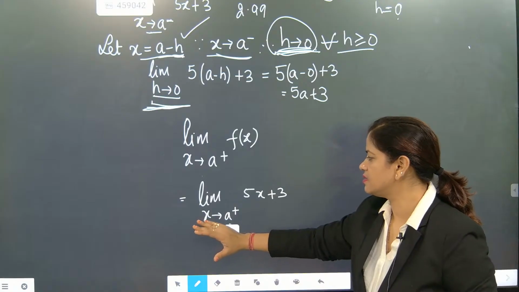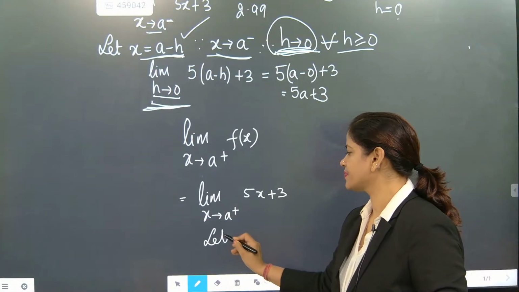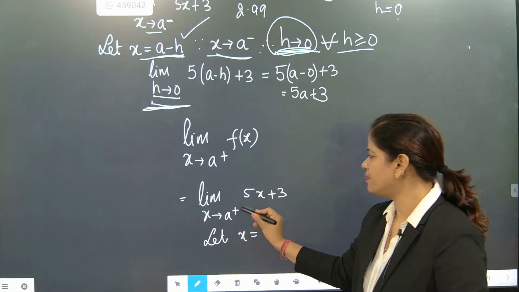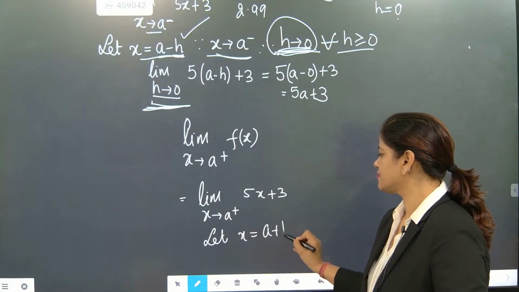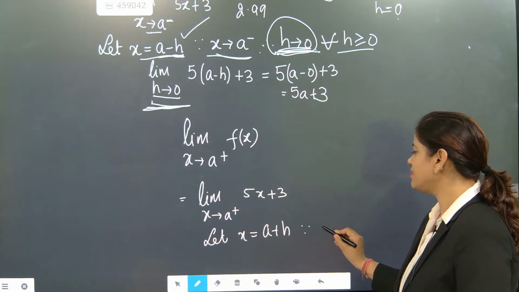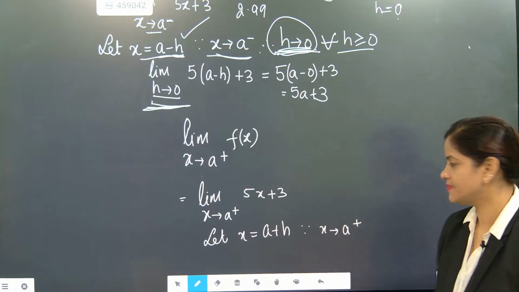First one. Again, we are going to write a small story. Let x be equal to what, beta? A plus h implementation. Why h implementation? Because this case was there.